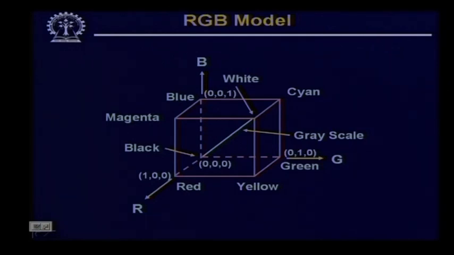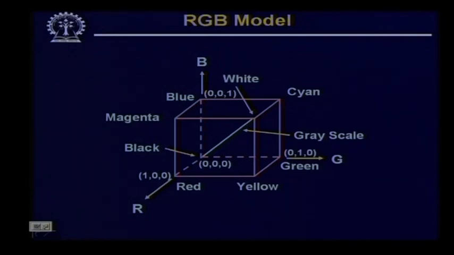So, as per this diagram, we have this red axis, the green axis and the blue axis. And in this Cartesian coordinate system, the color space is represented by a unit cube.